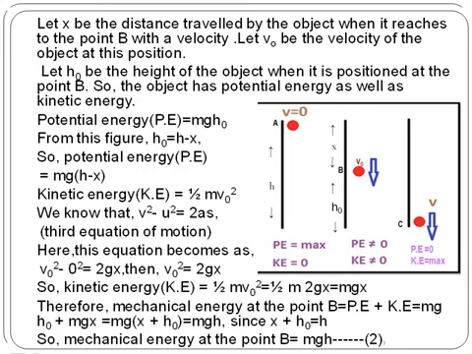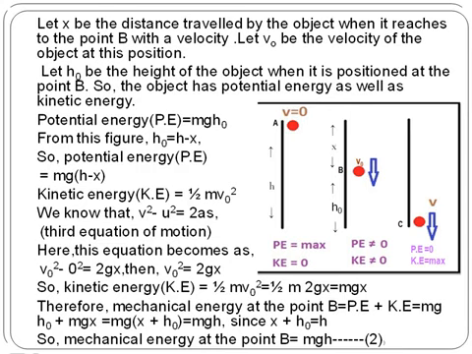We know the third equation of motion, v square minus u square is equal to 2as. In this case, the equation becomes v0 square minus 0 square is equal to 2gx.